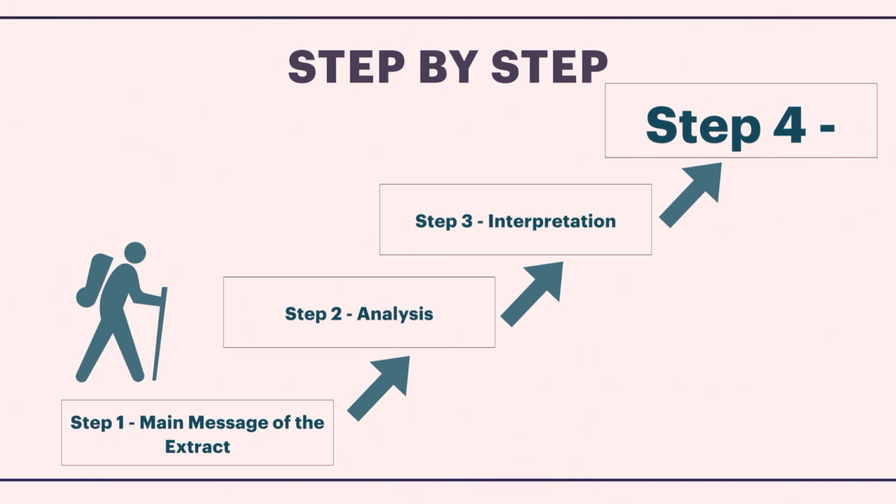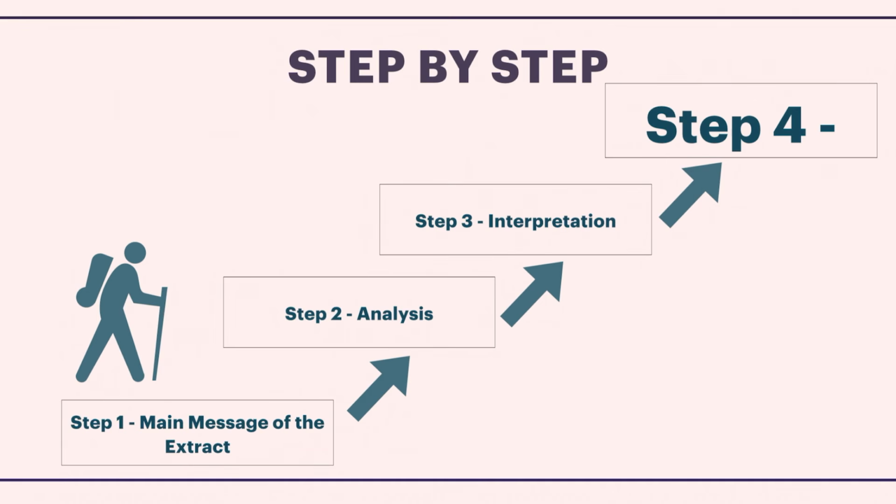Okay, so in summary, step 1 is to read the extract and look at the main message, the main focus, in 1 or 2 sentences. That is when you start your essay. Then you analyze paragraph by paragraph, looking at the interpretation and the approaches.